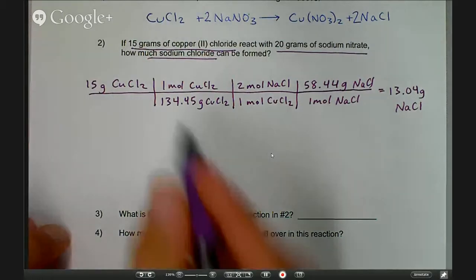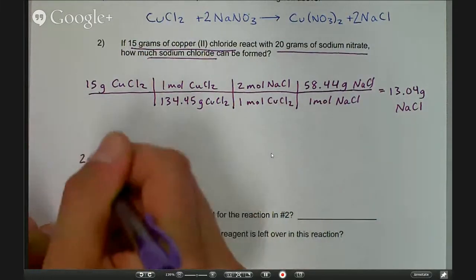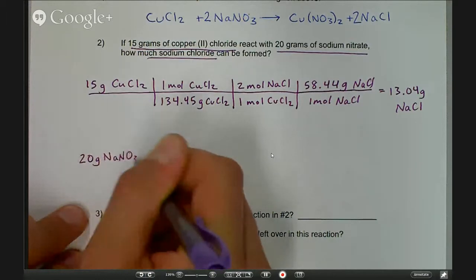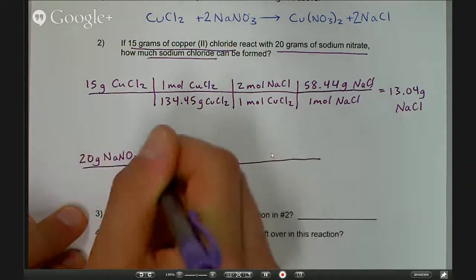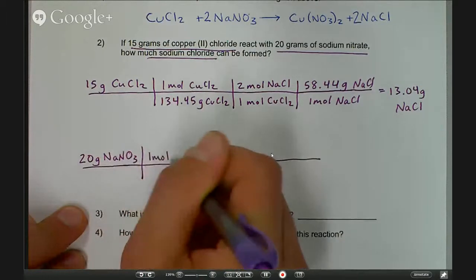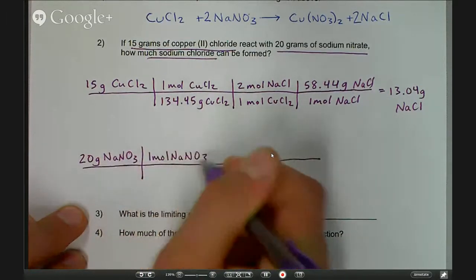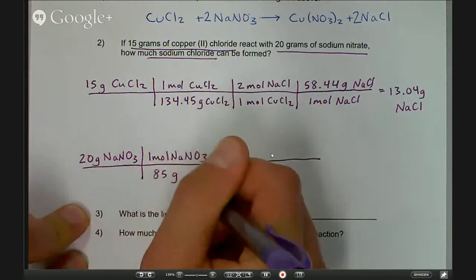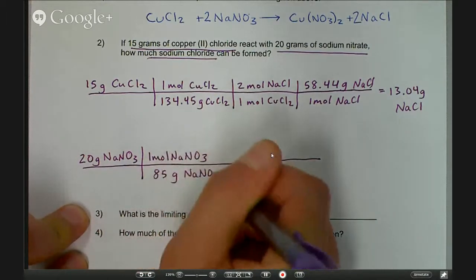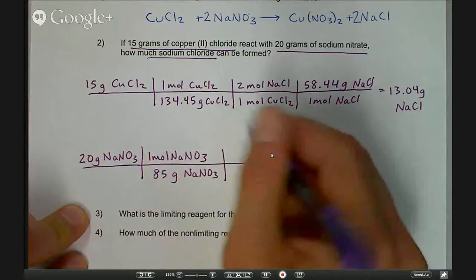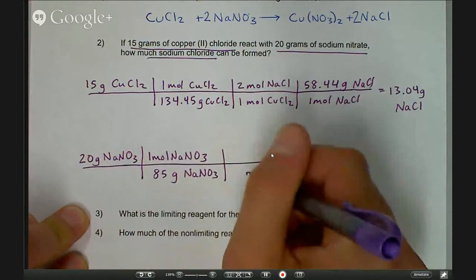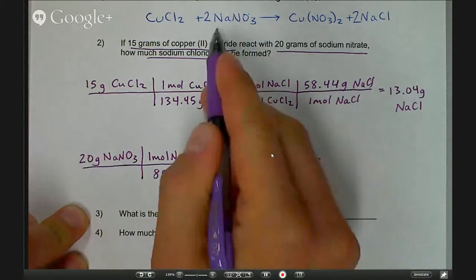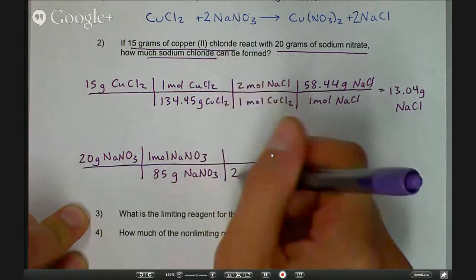So we've got to go from the sodium nitrate and set up the same problem. 20 grams of sodium nitrate for 1 mole of sodium nitrate. We have a molar mass of 85 grams per that 1 mole. Now the moles of sodium nitrate go on the bottom, which our reaction says there were 2.